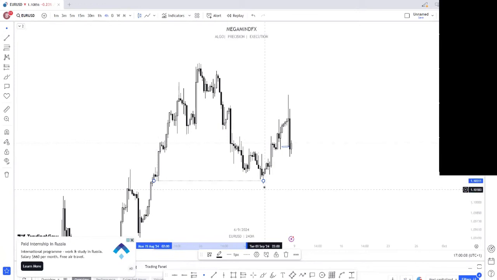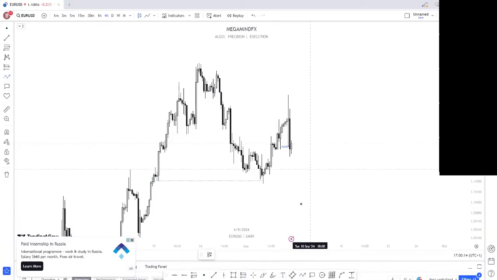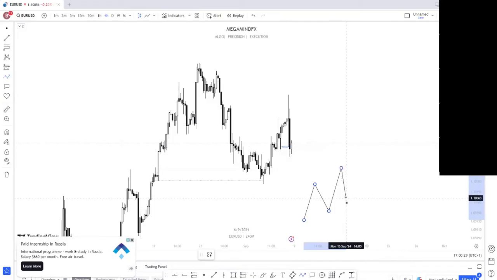So what do I look out for? I want to see the H1 giving me a transactional liquidity, like a bullish break of structure, something like this. So I am confident to start looking for my buys from levels like this.